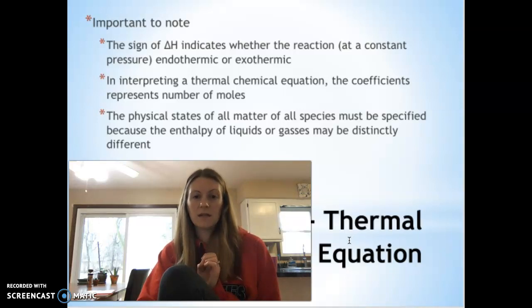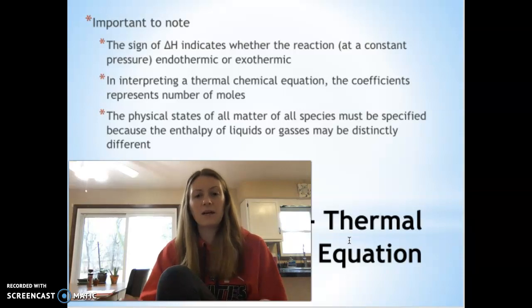Additionally, the physical state of matter of the species, so all the things that you're using or are in the beaker, have to be specified because there are going to be differences between those states of matter, just like what we saw with our liquid water and our steam when we were calculating it. Those had different specific heats because gas versus liquid have different properties.